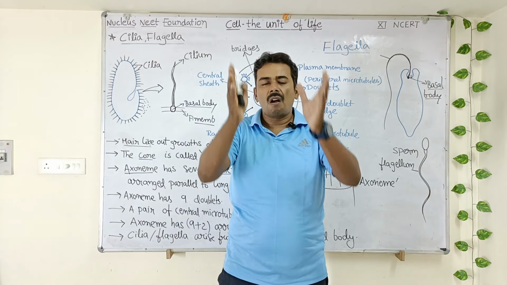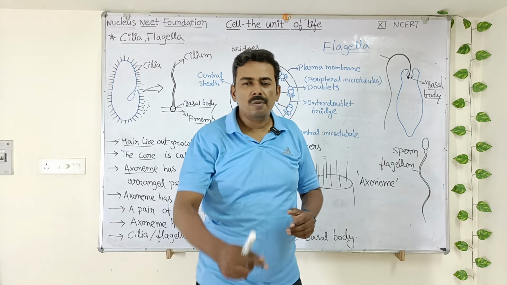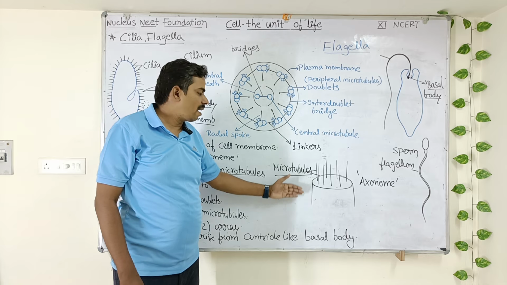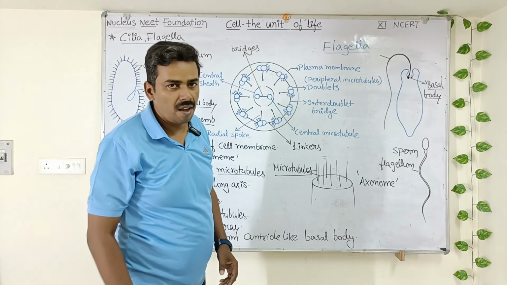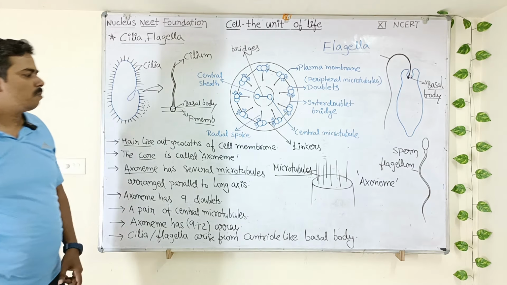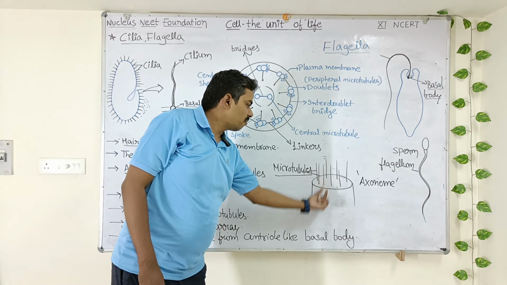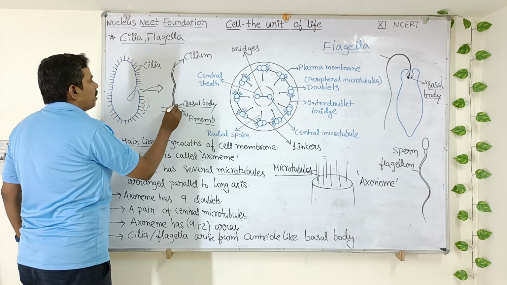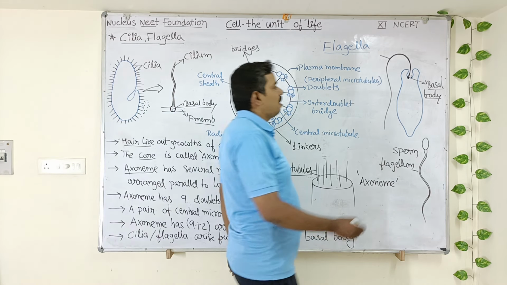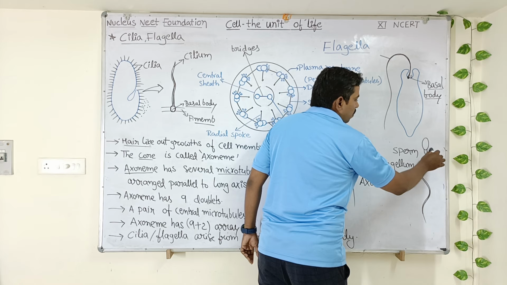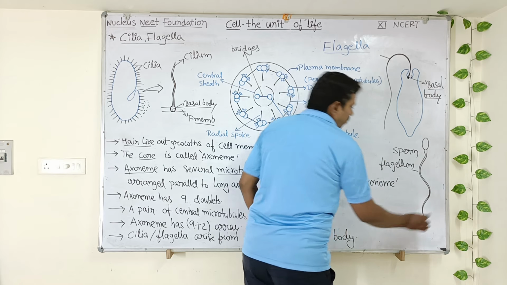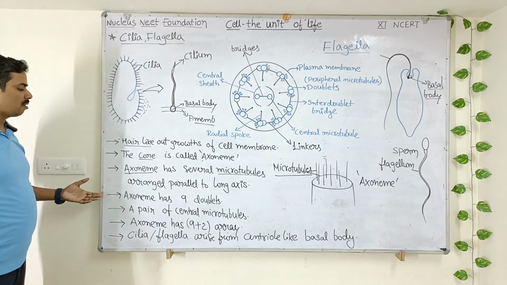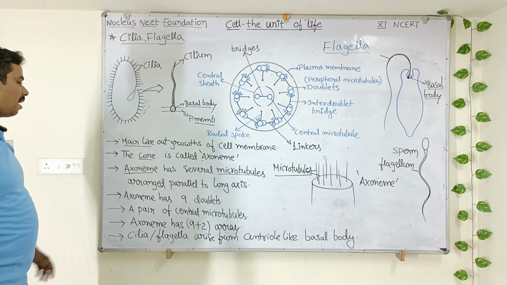Just like the rods, the microtubules are arranged vertically throughout the long axis of cilia and flagella, running from base to top. In flagellum also, they run throughout the length of the axis. So that is the arrangement of microtubules in the axoneme.